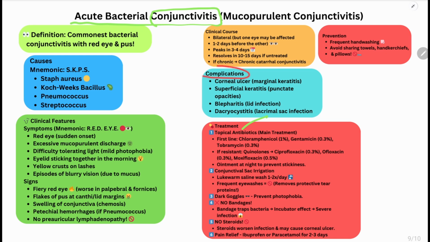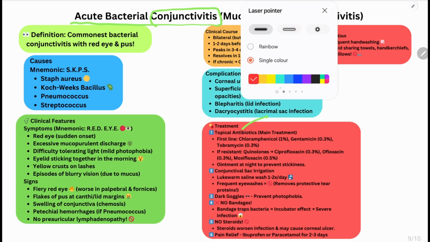What are the complications if it reaches the chronic state? They can be remembered by CBS. C for corneal ulcer, B for blepharitis like lid infection, S for superficial keratitis and dacryocystitis.